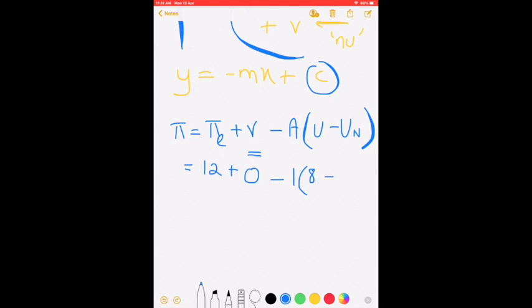You subtract from it your natural rate, let's suppose it's 4%. And that is how you figure out the inflation in the economy. So 8 minus 4 is 4, and 12 minus 4 becomes 8. So in the economy, the inflation is going to be 8%.